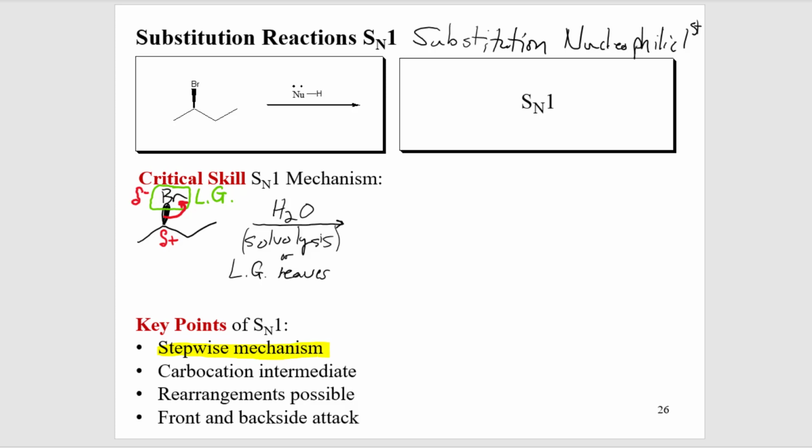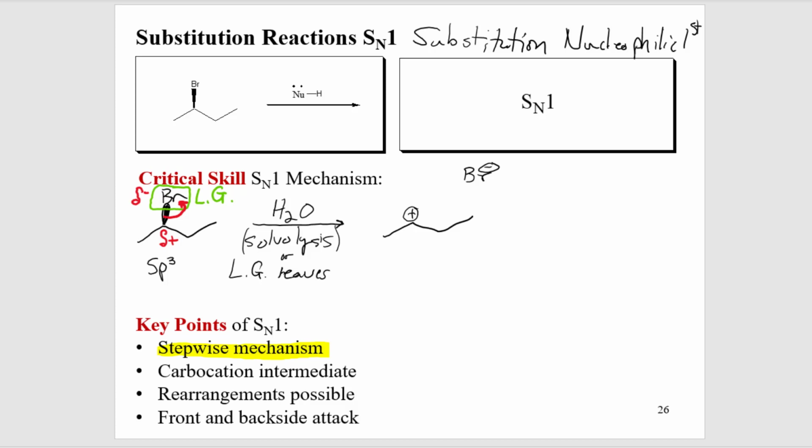What we're seeing here is a stepwise mechanism. When that leaving group leaves, what happens? The bromine leaves, right, surrounded by the solvent, carried away. And what's left behind, if that leaving group leaves, is a carbocation. So we started with an sp3 alkyl halide, because that was our necessity to do these types of substitution reactions.